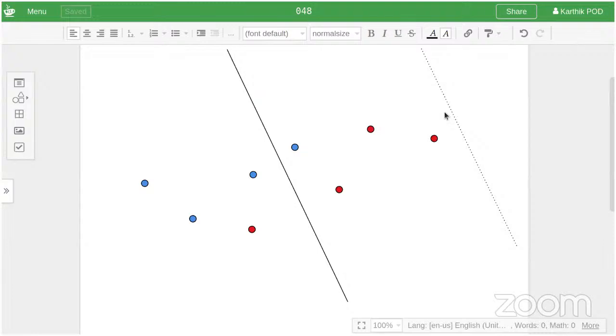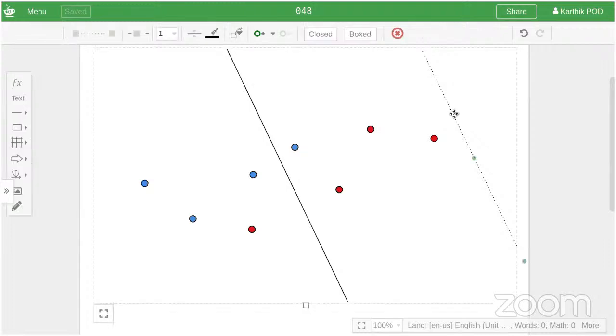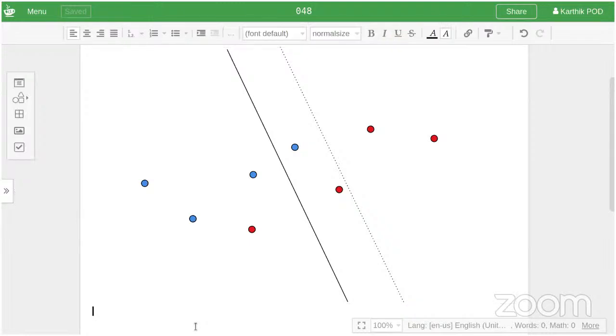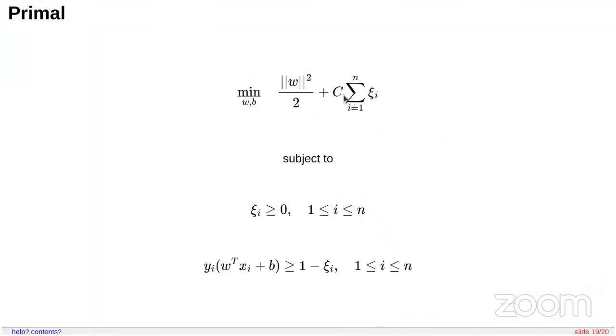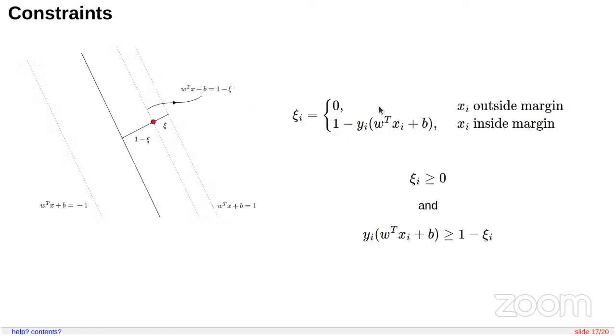Yes, sir. On the other hand, if I decrease the margin, then my errors are also decreasing. And that is what is controlled by the C. So that's the first thing we need to understand: the role played by norm W square by 2 and this term. Now I'll just quickly come to address this question of why these two are equivalent.